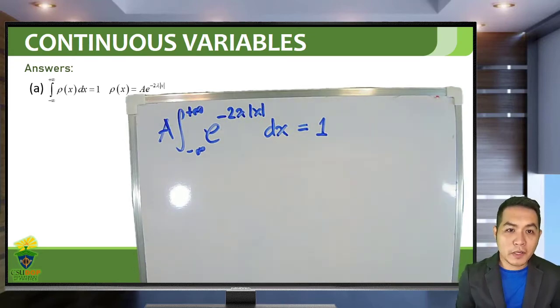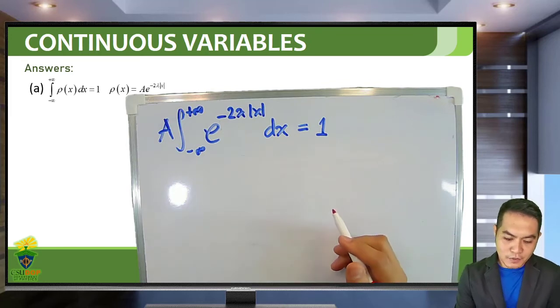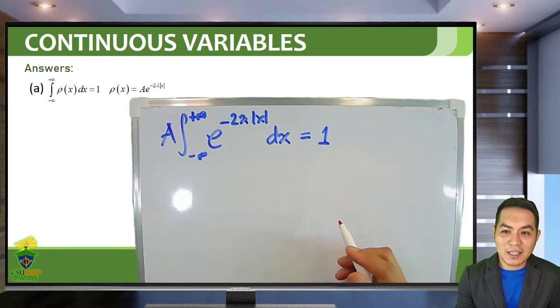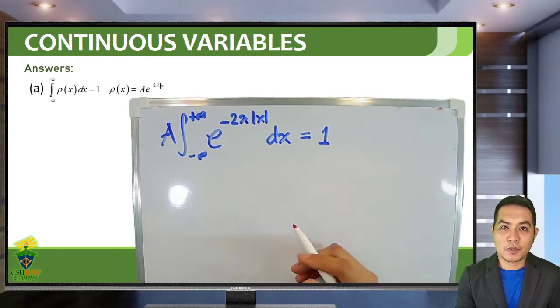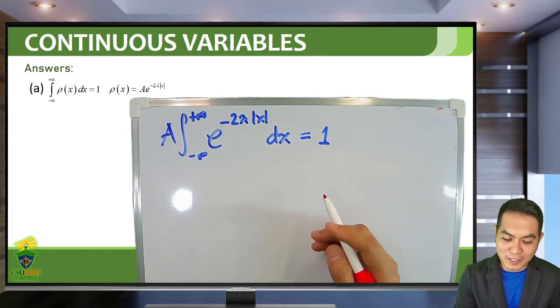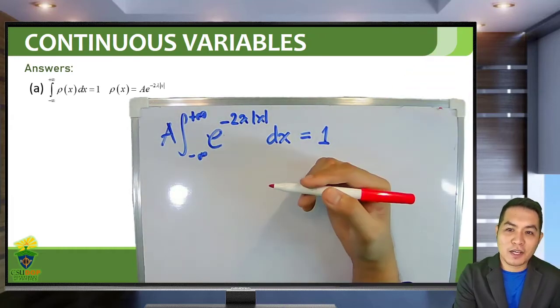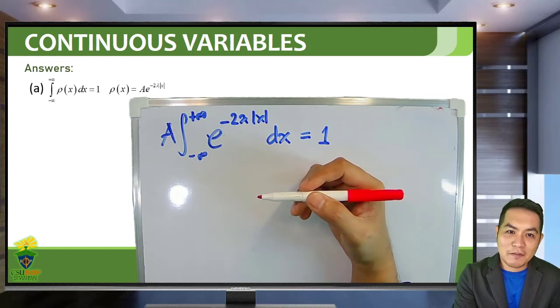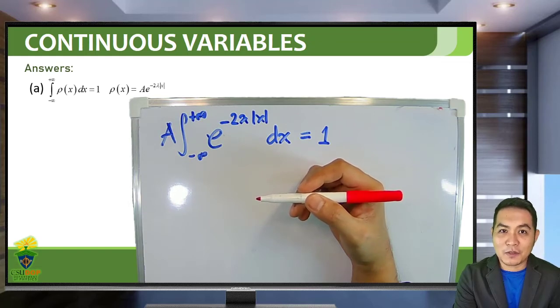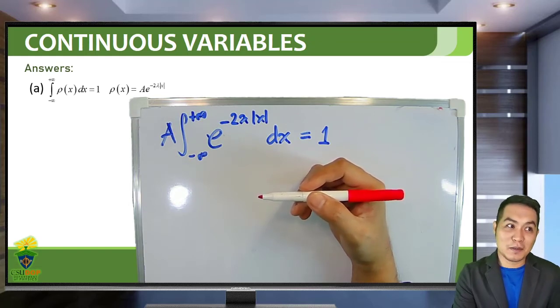So how do we evaluate this integral? Before evaluating an integral, there's a neat trick that you should check first, so that your life will be easier. You should check if your integrand is either an even or an odd function. Not all functions are even or odd, but some are.